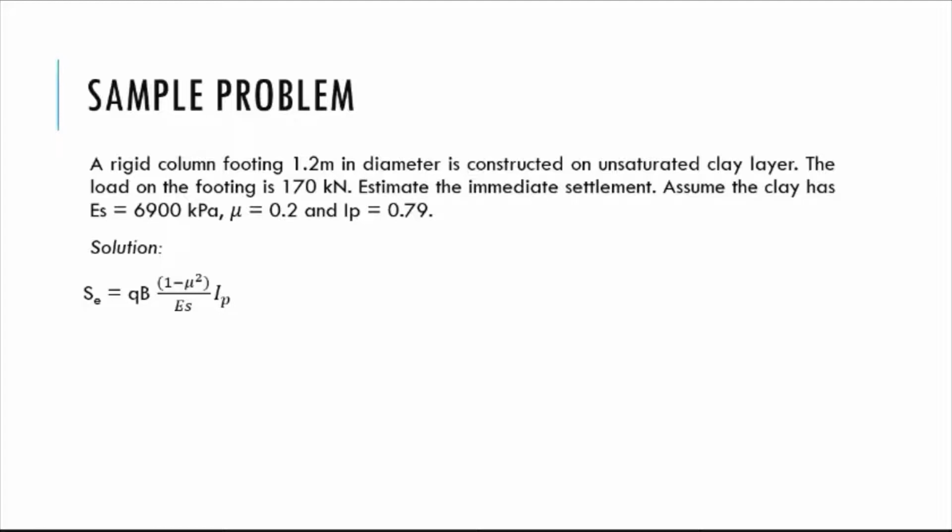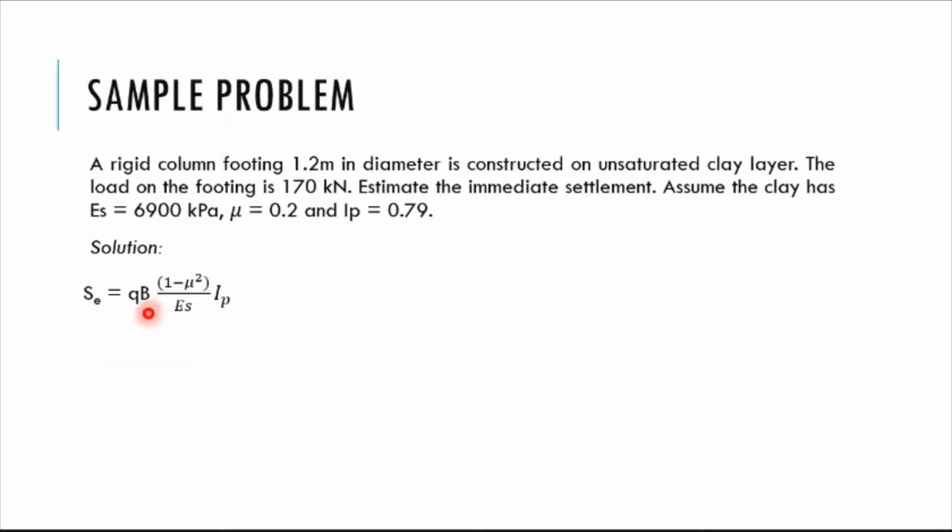We have to consider the given in this problem. That's why we use this formula. Given is the influence factor and not C sub S. So we have to first determine what is Q, the vertical pressure applied. In this problem, the only given is the force. It's 170 kilonewton. That's the load applied on the soil. But we can solve for Q.